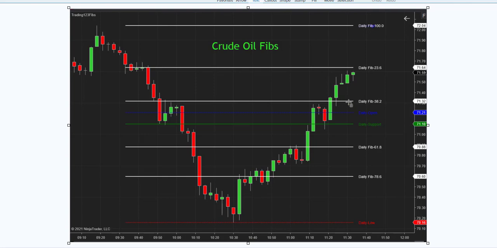Basically, you have the Fibonacci levels to the upside and then to the downside, daily low. You got your daily support here, so when the price action is above the daily support, the trend is long.